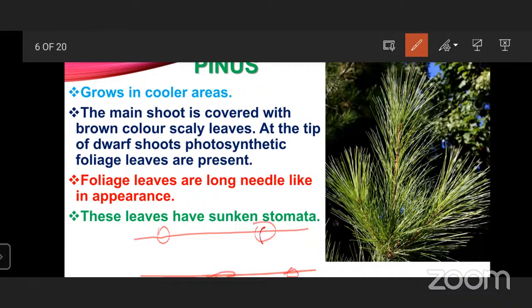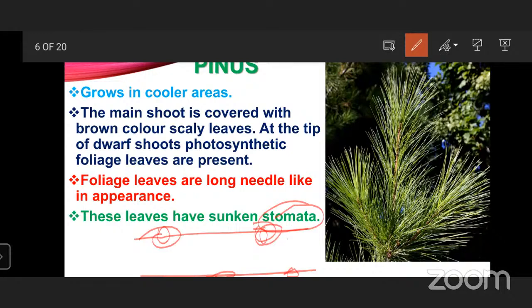Those small openings are called stomata. Stomata are useful in gaseous exchange as well as transpiration. Transpiration means excess water is released outside in the form of vapor. That phenomenon is called transpiration.